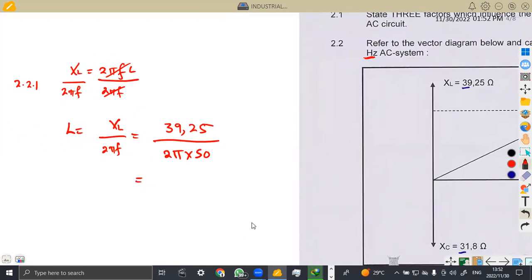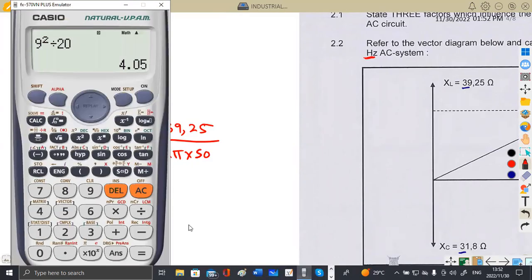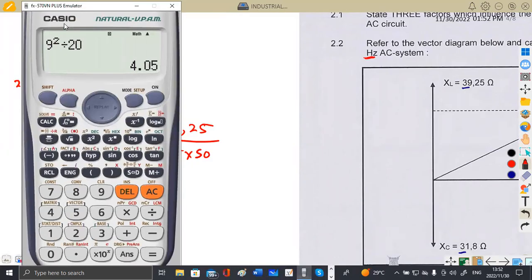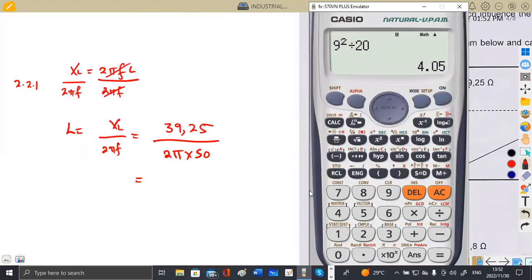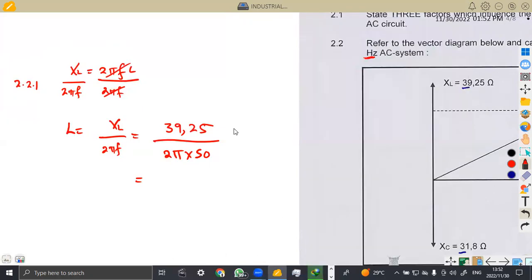Also take note, we are asked to give this answer in millihenries. So this is 39.25 over 2 pi times 50, which is 0.249, something like that.